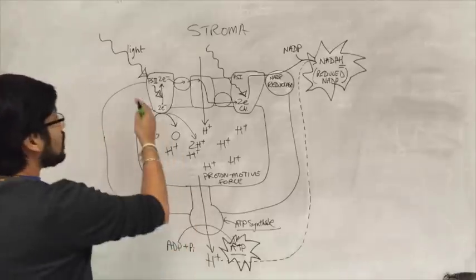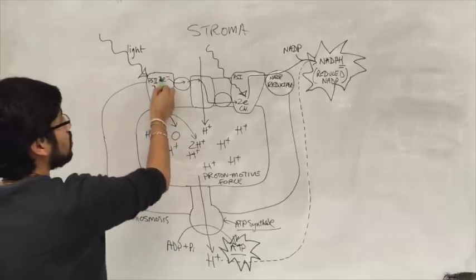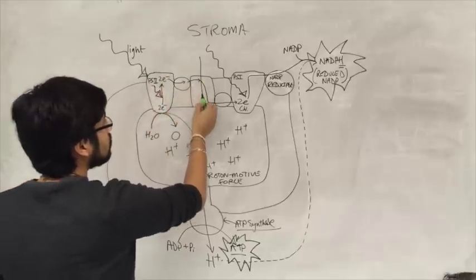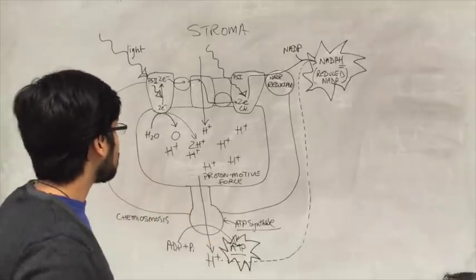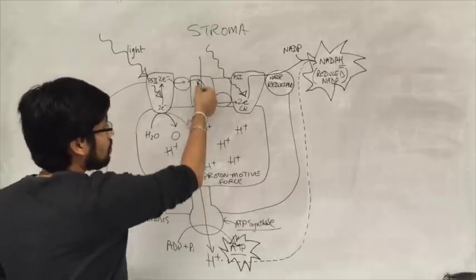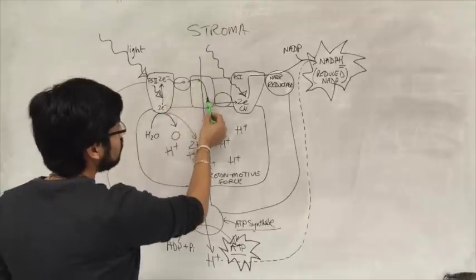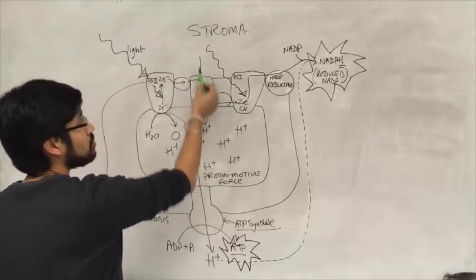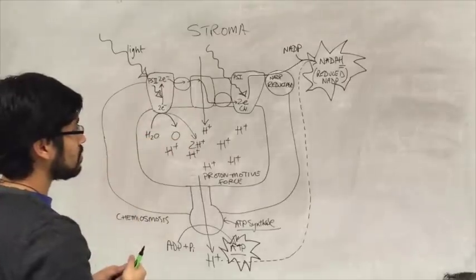But the electrons that were raised in energy level are now up here, and they pass through a series of electron carriers and electron acceptors. In that process, hydrogen ions are pumped into the thylakoid space. Our electrons now lose the energy because their energy was used to actively transport protons into the thylakoid space.